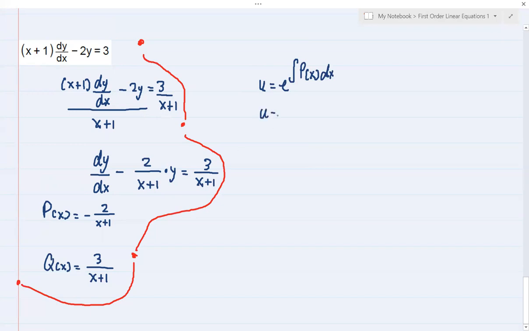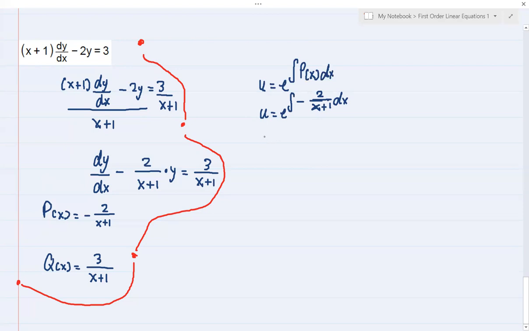So we will have u is equal to e raised to the integral of negative 2 all over x plus 1. So what would be the integral of negative 2 all over x plus 1?